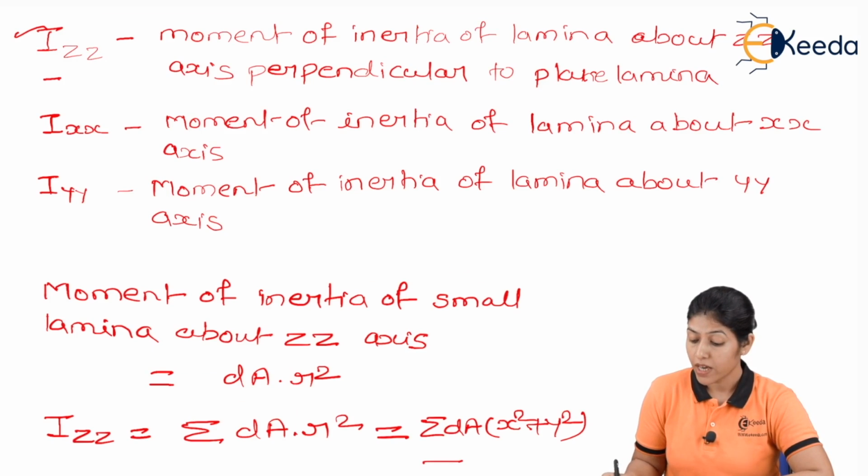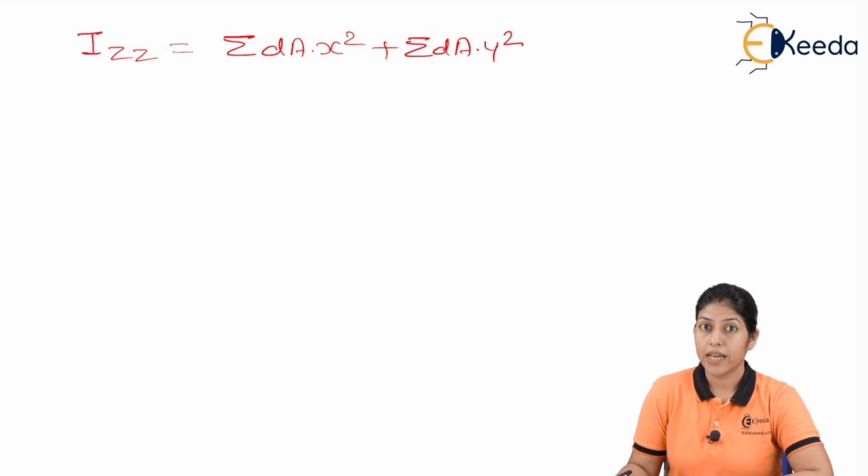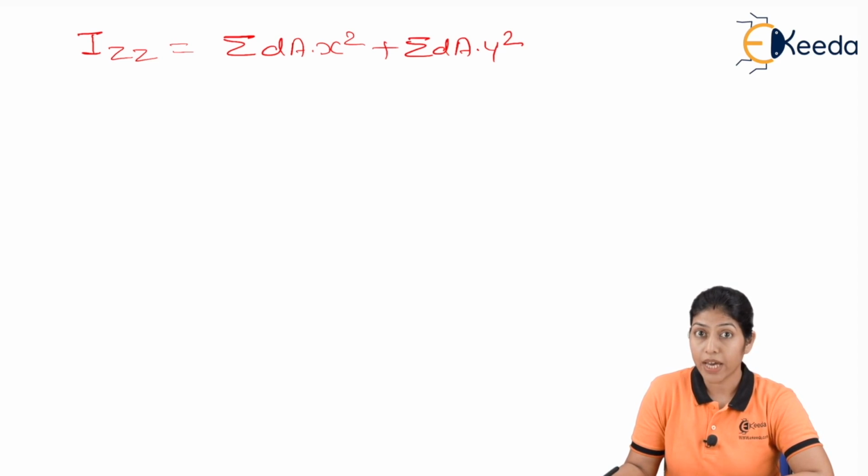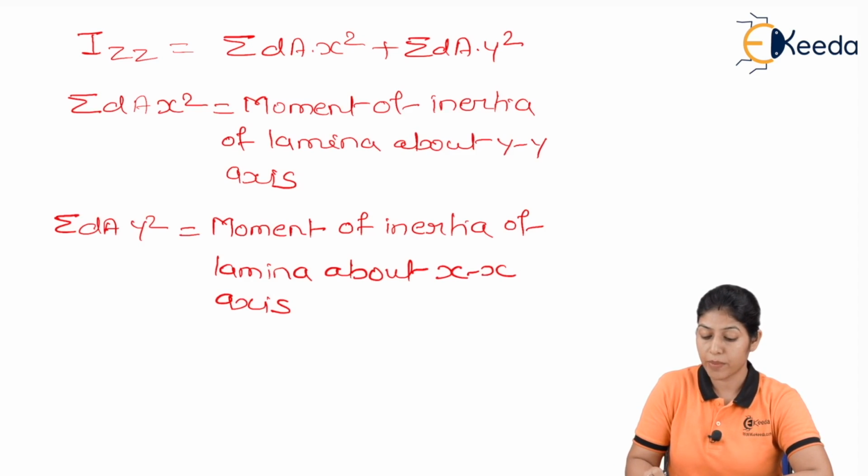Now, if we solve this equation, Izz equals the summation of dA x square plus the summation of dA y square. The summation of dA x square is the moment of inertia of the lamina about the y axis, which we represent as Iyy, and the summation of dA y square is the moment of inertia about the x axis, which we represent as Ixx.